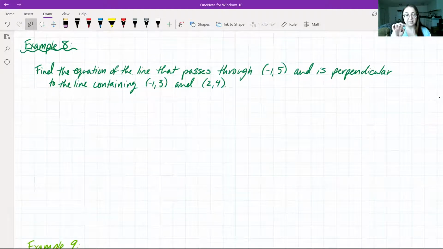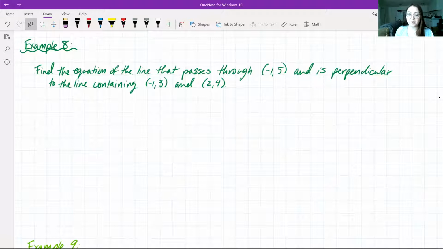All right, moving on to our example 8 here, we want to find the equation of the line that passes through -1, 5, but is also perpendicular to the line containing -1, 3, and 2, 4. So what we want to do is find the equation of this line that passes through a point. That's our ultimate goal.